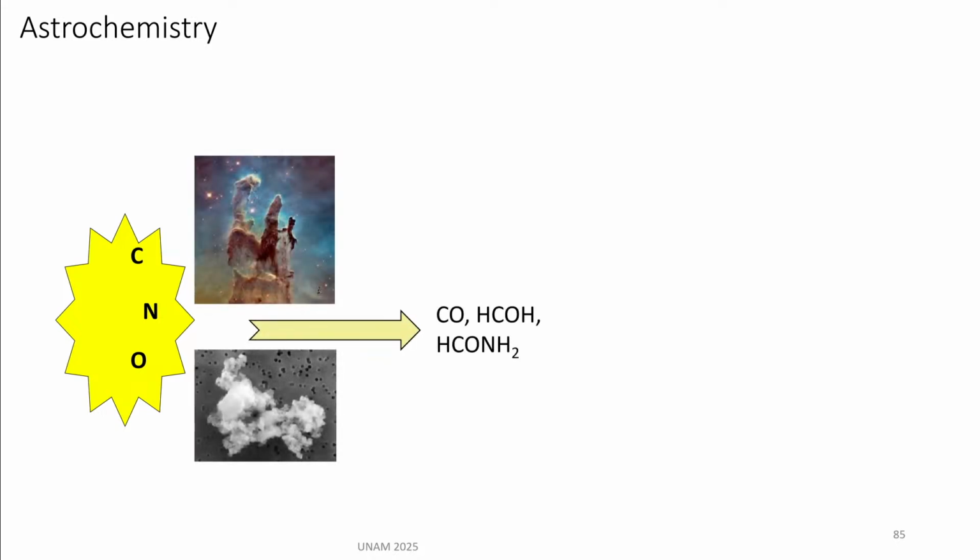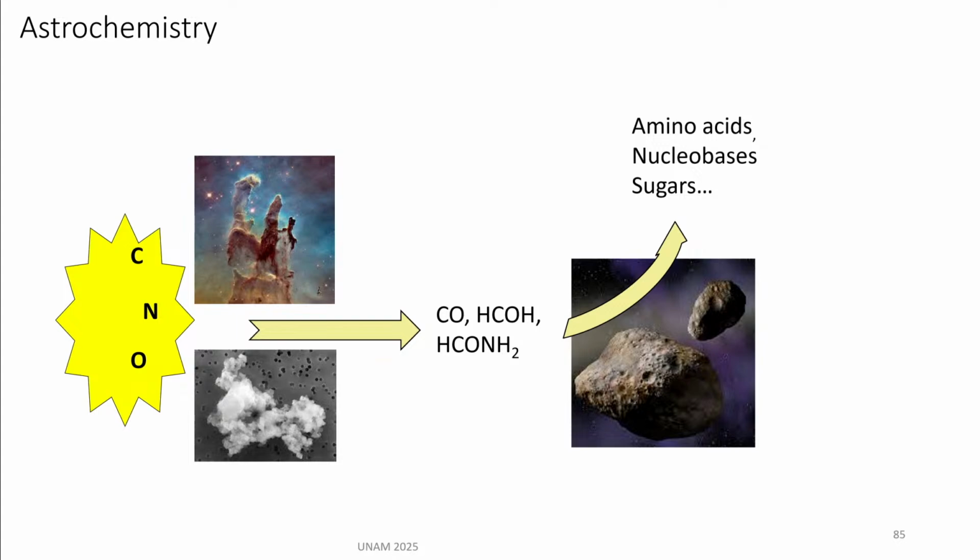So astrochemistry makes large use of the notions of heterogeneous catalysis in order to make first some small molecules like this, acetaldehyde, or simply carbon monoxide, and from these to go to more complicated things like amino acids, nucleobases, and sugars.